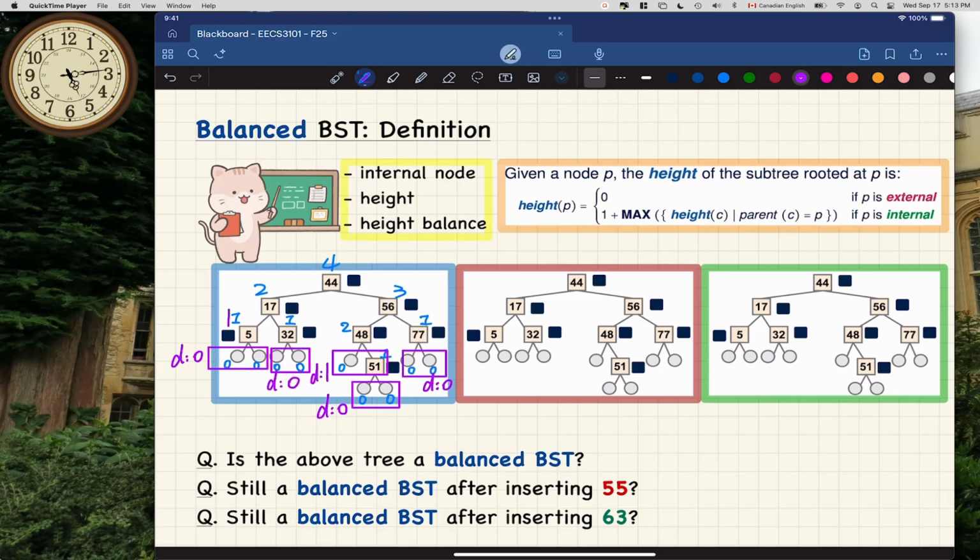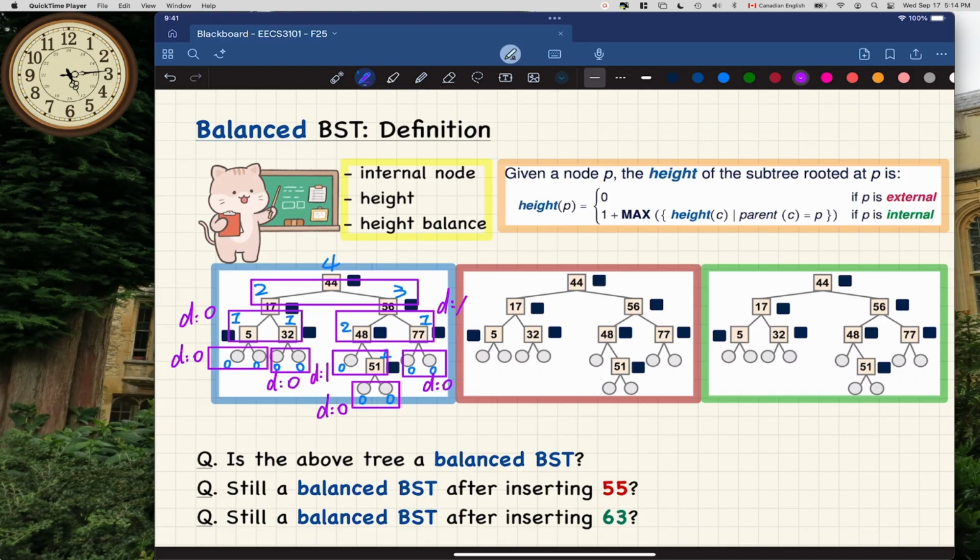Then the difference right here is 0, you've got 1 versus 1. And the height difference over here, 2 versus 1, so the difference is 1. Also fine. And then you've got the final level here.